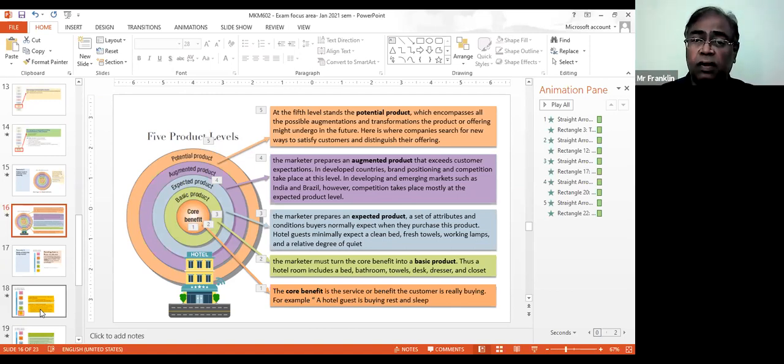That is what is expected. Augmented is something extra, something special, like a free buffet dinner or a free upgrade. Those are called augmented product. And the last is potential: what additional extra thing can we give in the future? So there are 5 different levels of the product.